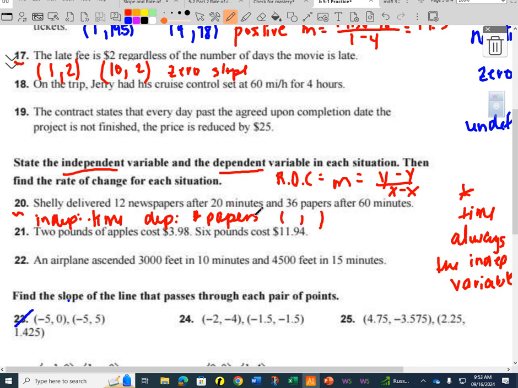What would be the ordered pair for the first two numbers? 12, 20 or 20, 12? 20, 12, that's right. And the other one would be 60, 36.